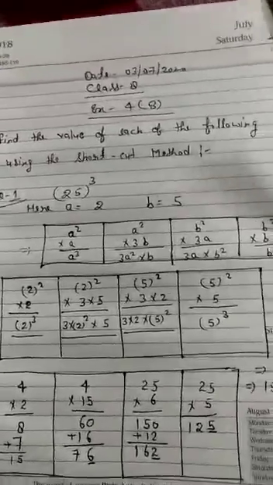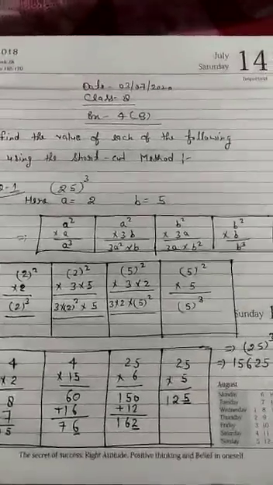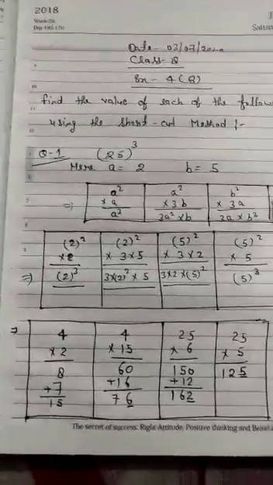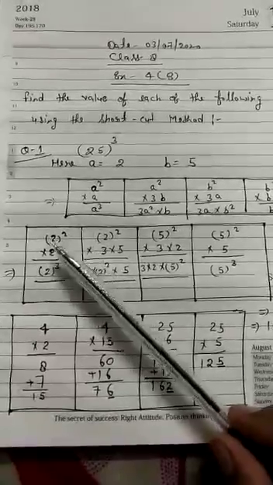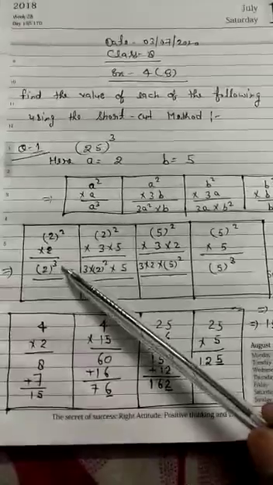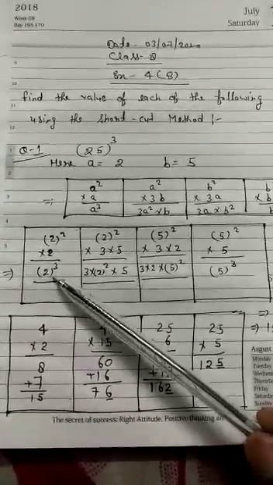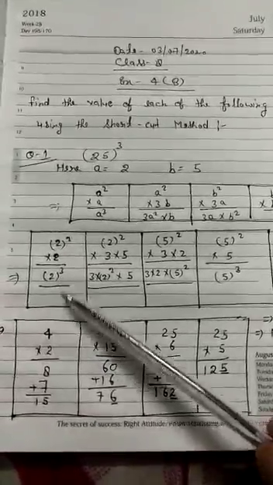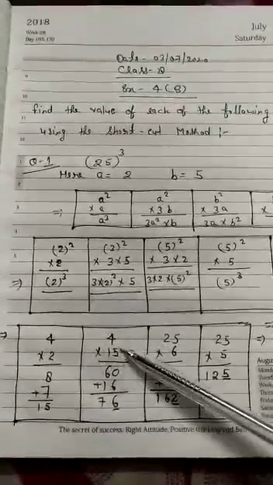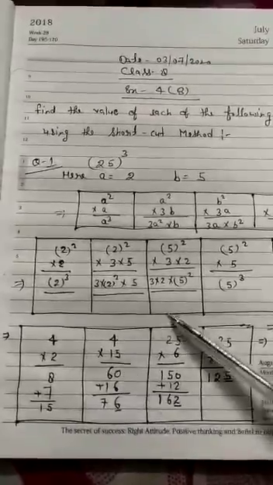Now we have put all the values according to the given formula. Now we will calculate. 2 to the power 2 means 2 2s are 4. 2 to the power 3: 2 2s are 4, 4 2s are 8. Again 2 to the power 2 is 4, 3 5s are 15, 15 4s are 60.